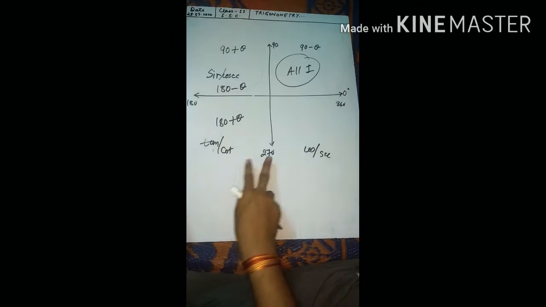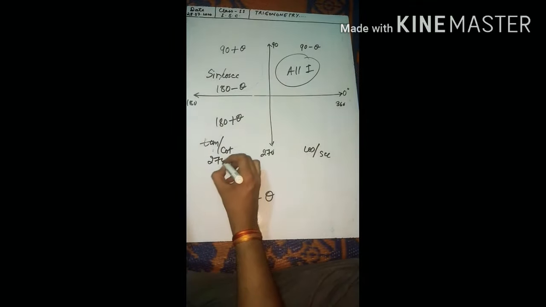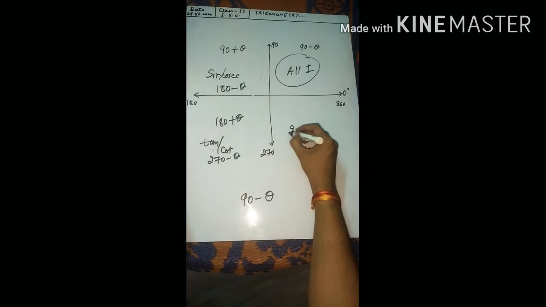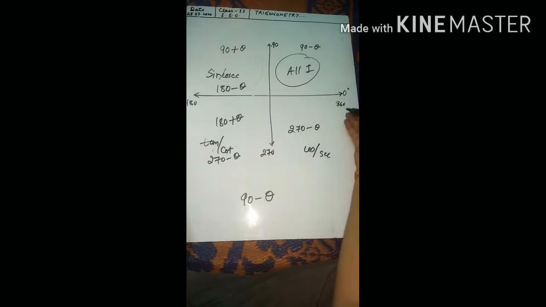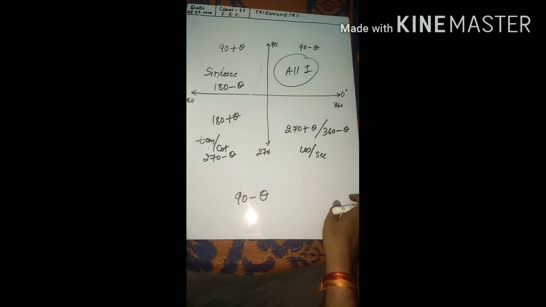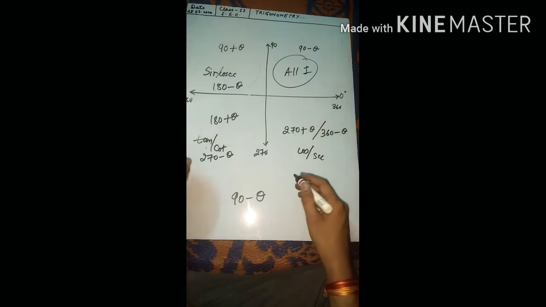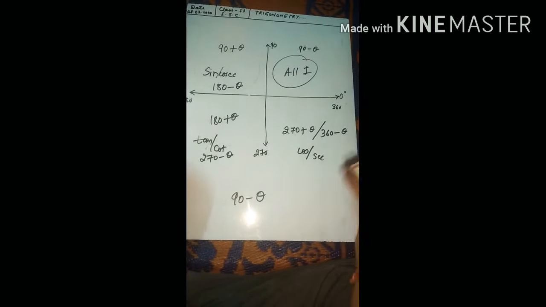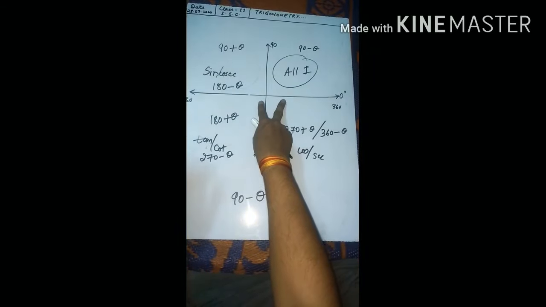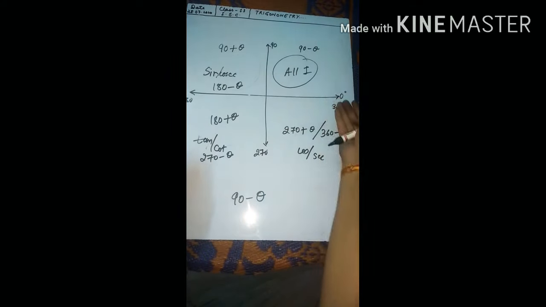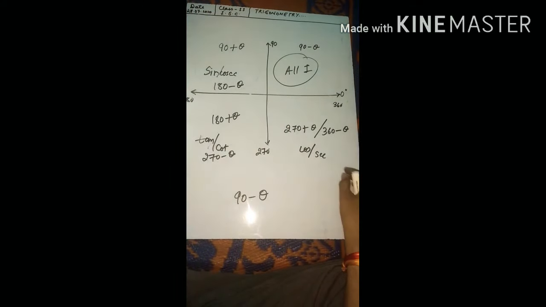This quadrant can also be expressed as 270 minus theta, and this quadrant is 270 plus theta, and it can also be expressed as 360 minus theta. Now you would be thinking where the 360 plus theta will go. You are not limited to 360 degree. You can go up to 720, in thousands also you can go, but as we are expressing this in 2 dimensions, we cannot go inside this one.